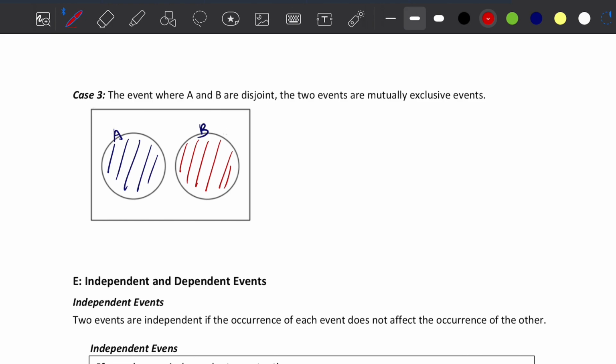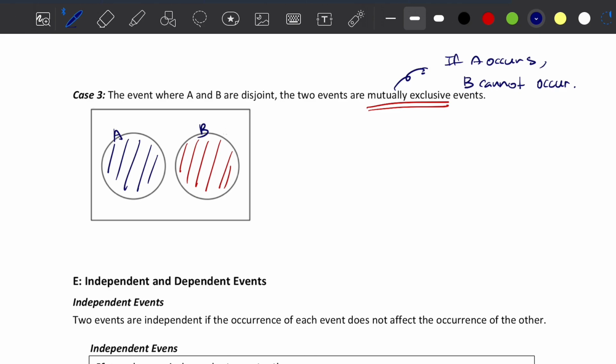When you have a mutually exclusive case, we are referring to the case where they are not inclusive, meaning they have nothing to do with each other. We can say that if A happens, B cannot occur. Okay, so that's the mutually exclusive case.